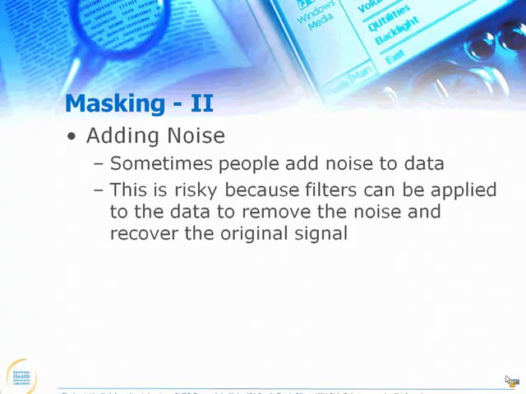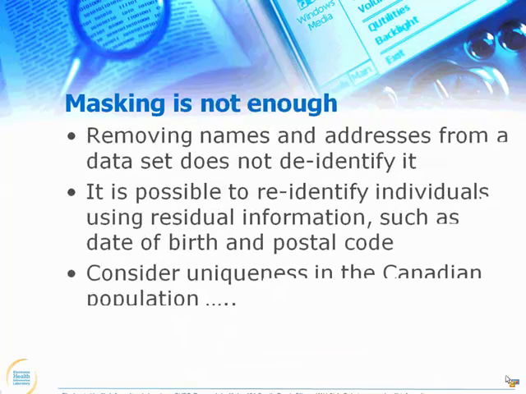So if you're reviewing a protocol and you see some variables that can be classified as directly identifying variables, then you would apply those masking methods to them in order to make it difficult to identify the individuals. The next point that's important to understand is that masking is not enough.